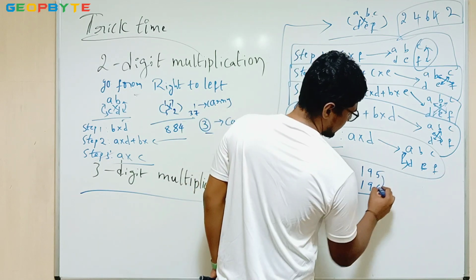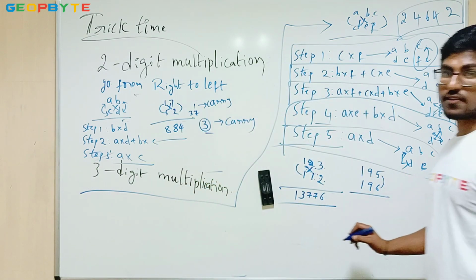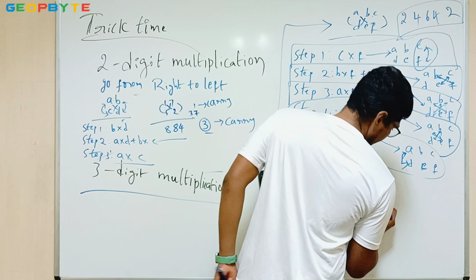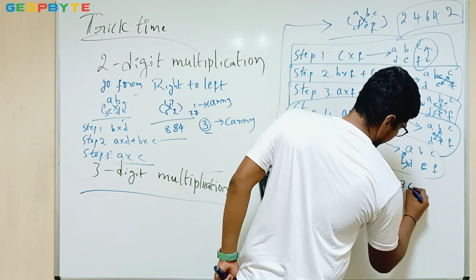First of all, you have to do this. 5 into 6 is like 30, and 0 would be here, and 3 would be carry.